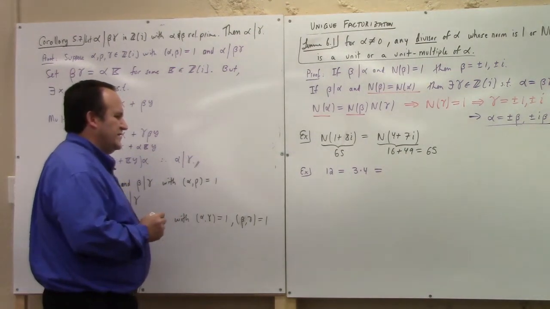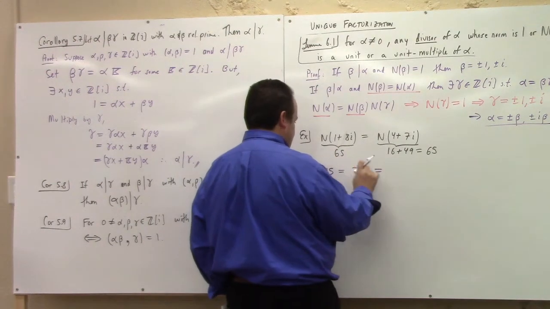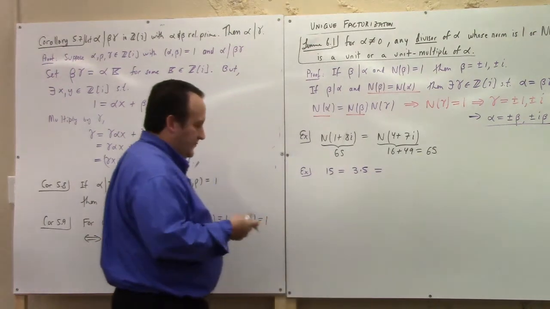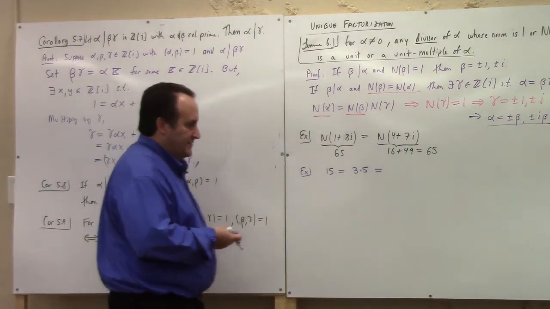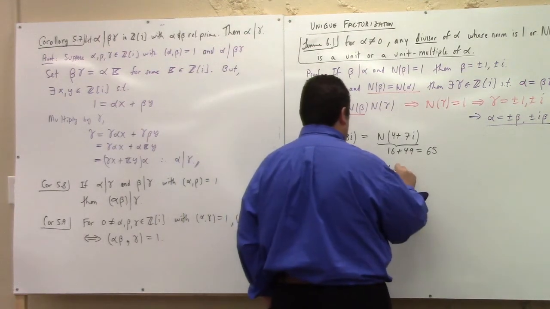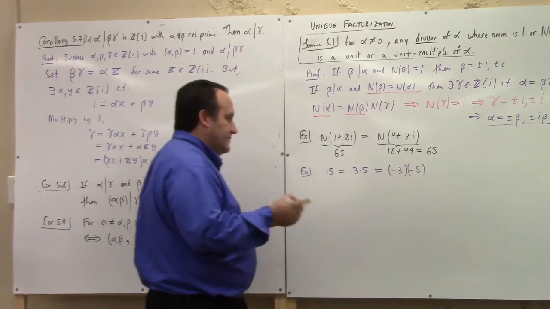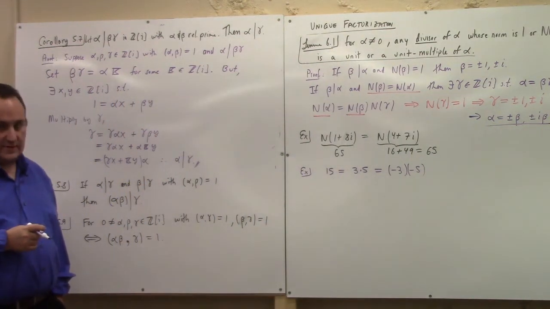Oh, have I chosen poorly? 15. My bad, sorry, bad example. 3 times 5 is the one way we could factor it, right? But there's another way we could factor it: minus 3 times minus 5, right? Those are both interesting factorizations of 15.